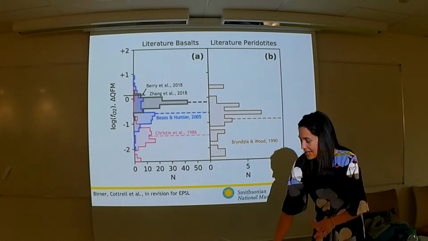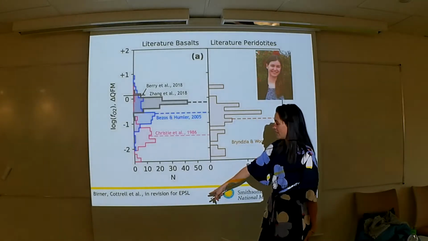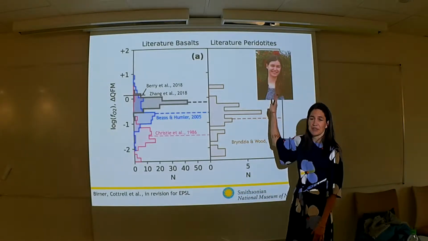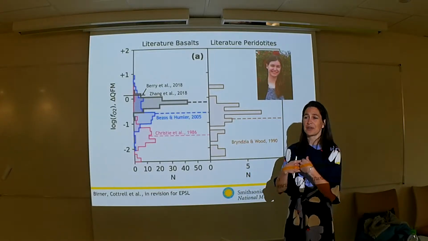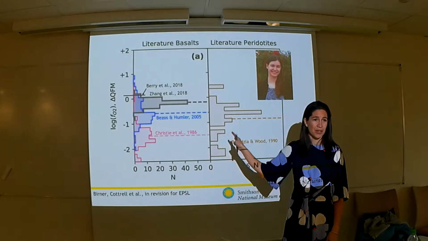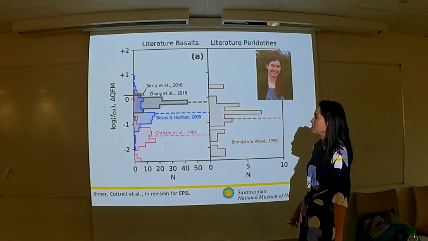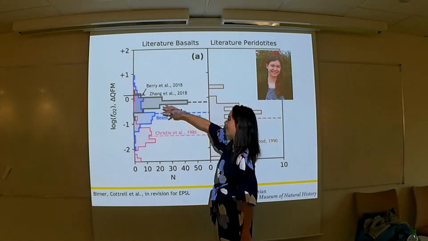So these data are now being revised for EPSL. This is the work of Suzanne Berner, my graduate student, so smart and wonderful, and I give her all the credit in the world for putting these data together. This is the same plot we were just looking at, flipped on its side.